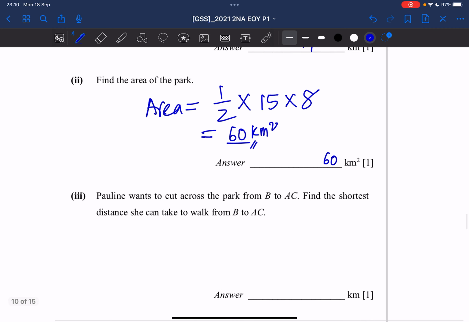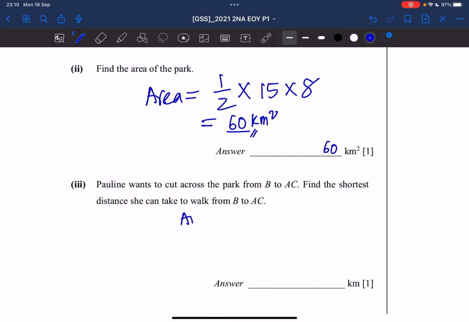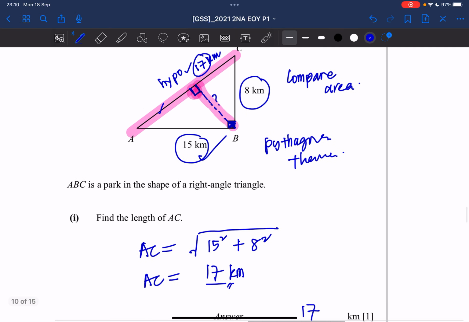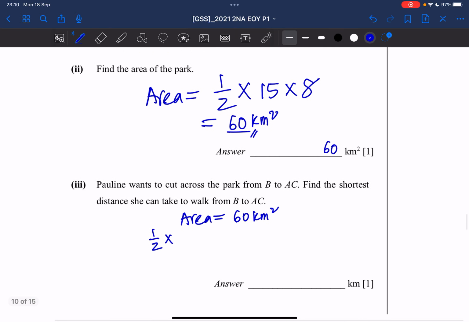So area is equal to 60 kilometers square. So half times, just now we found the base, the base is 17. Then we don't know the height, so we put height, equal to 60.